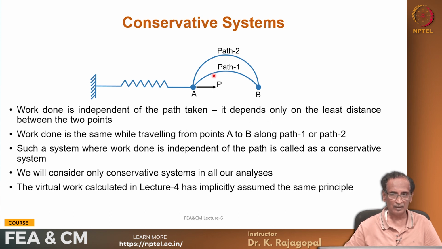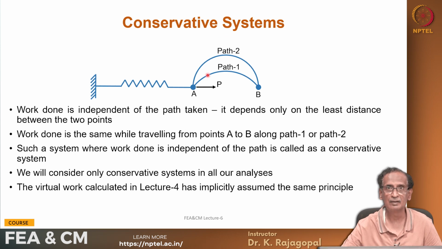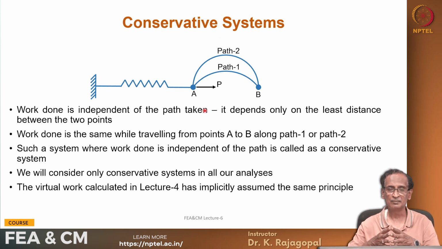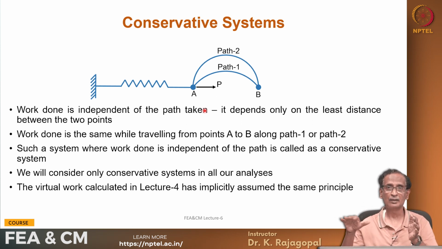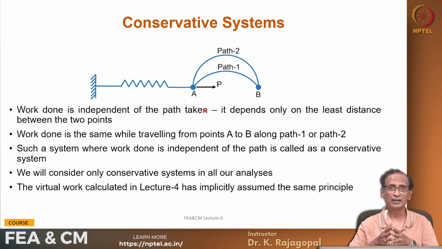Already we have seen the virtual work calculation in lecture 4, where we derived a transformation matrix for the bar element based on the virtual work principle. Virtual work done, whether you calculate in the local coordinate system or in the global coordinate system, both are the same, and through that we got k global is lambda transpose k element times lambda.